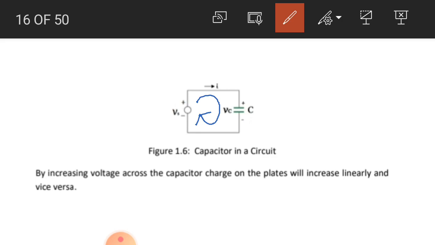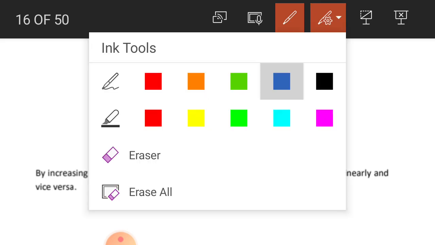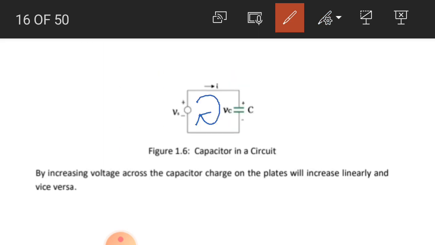And the current in this loop is in the clockwise direction. Keeping in view the direction of the current through the voltage source, you see the current flows from the negative terminal of the voltage source towards the positive terminal.